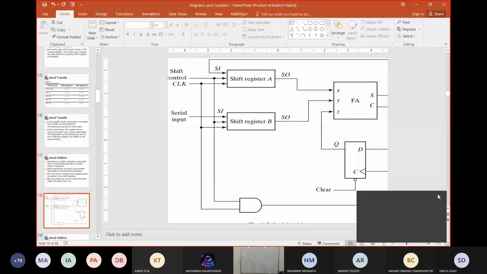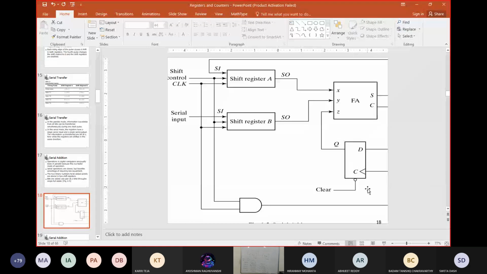Can I say this particular circuit is doing a serial addition option? I think Sankalp, or someone, asked me to discuss this one. I'm not remembering his name. Is that Sankalp?